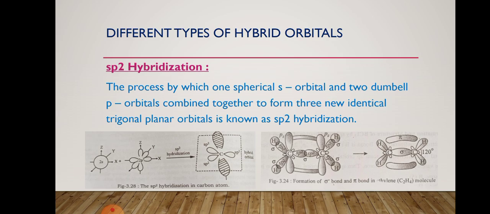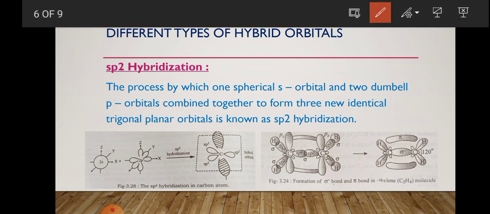Look here, in the excited condition of carbon, one electron of the 2s orbital enters into the 2p orbital, and the 2s orbital and 2p orbitals, that is px and py, one s orbital and two p orbitals, px and py, are combined together to form three identical and equal energetic sp2 orbitals.